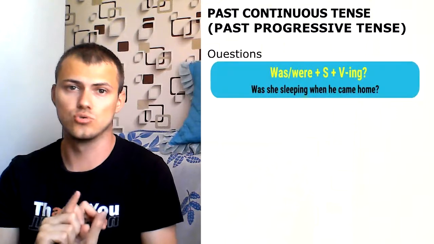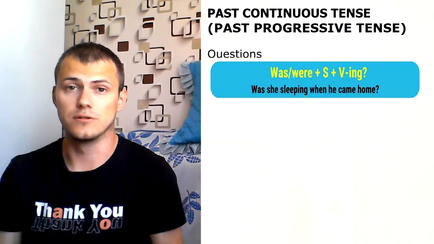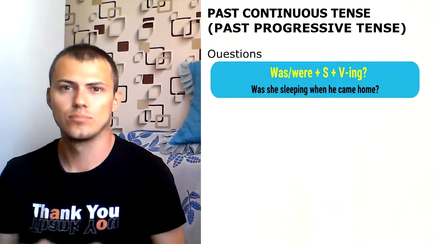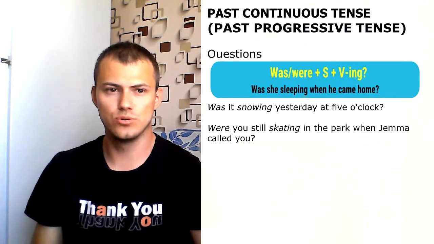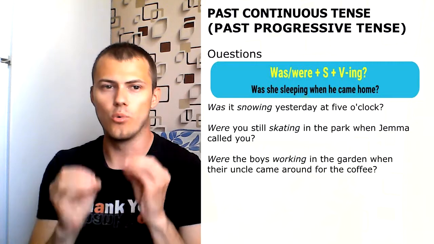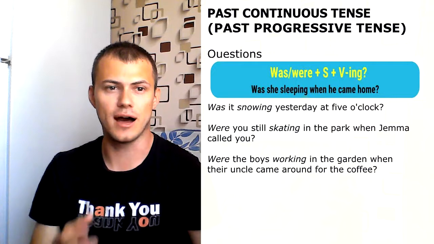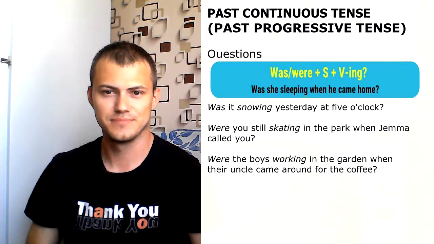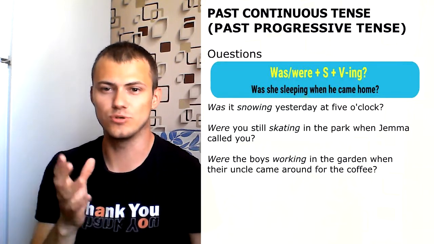We just change places of our auxiliary verb to be and our subject. Was it snowing yesterday at 5 o'clock? Were you still skating in the park when Gemma called you? Were the boys working in the garden when their uncle came round for a coffee? It's quite a difficult sentence, but I hope you can get it, guys.